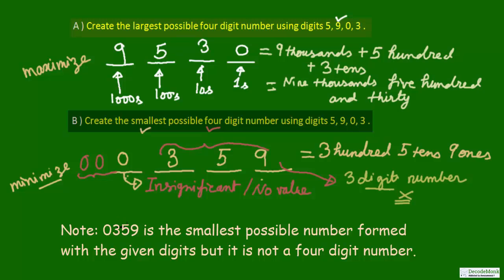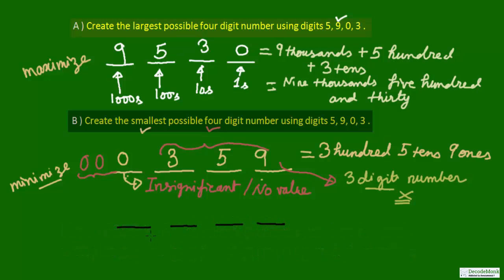So find out the correct answer. Here, if the given digits consist of 0 somewhere, then instead of taking 0, we will put the very next higher number at the thousands place, because if we put 0 in the thousands place, this will make the number a 3-digit number, which we have seen, and therefore to make the number a 4-digit number, we will put the next higher number than 0.